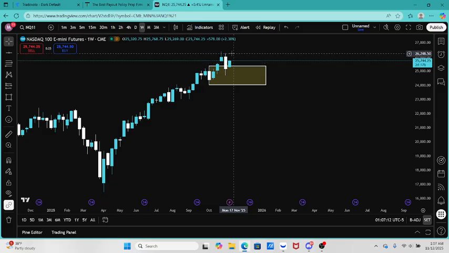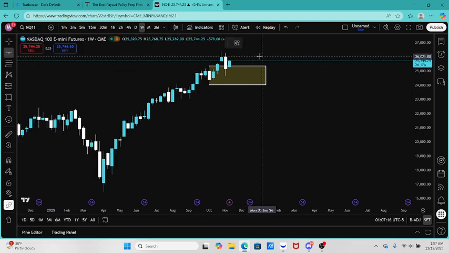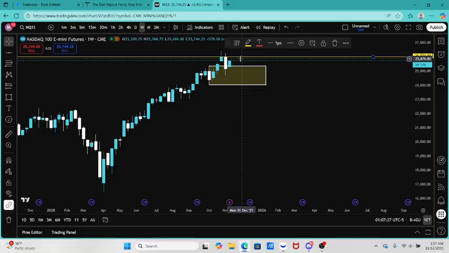So we can definitely be aiming for this. Ultimately, we're going to keep it conservative, and we're just going to aim for the body. So 26K, 26,21 is what we're aiming for.